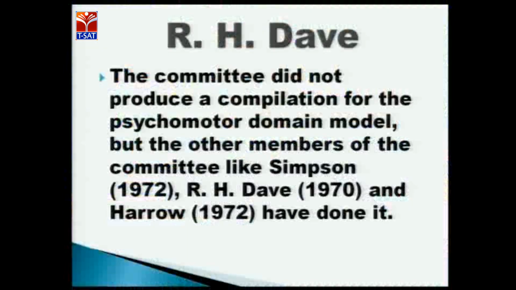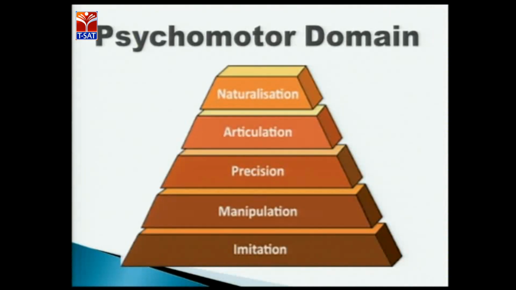Now let us look at R.H.Dave's version of the psychomotor domain. The committee did not produce a compilation for the psychomotor domain model, as we have already discussed, but other members of the committee, like Simpson, in 1972 developed his own model, R.H.Dave developed his own model in 1970, and Harrow also produced his own in 1972, and they have done it in a different way.